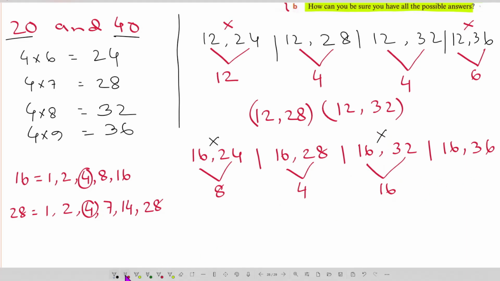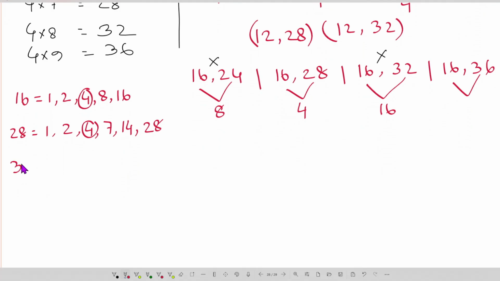And finally 16 and 36, what about it? So we can find out 36's factors: 1, 2, 3, 4, 6, 7 is not possible, 8, 9 is possible, then 10 is not possible, 12 possible, then 13, 14, 15, 16 possible, and finally 36.